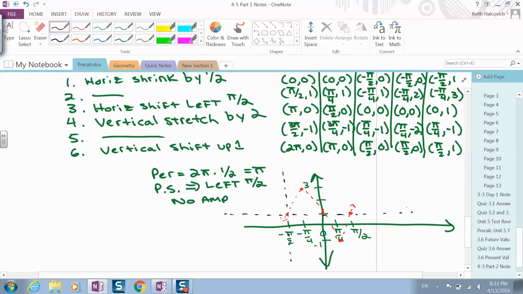So this is where the original points that were 0, there's 3 of them for the cosecant. So when you draw your asymptotes, this is going to be one asymptote here. This is going to be another asymptote right there.